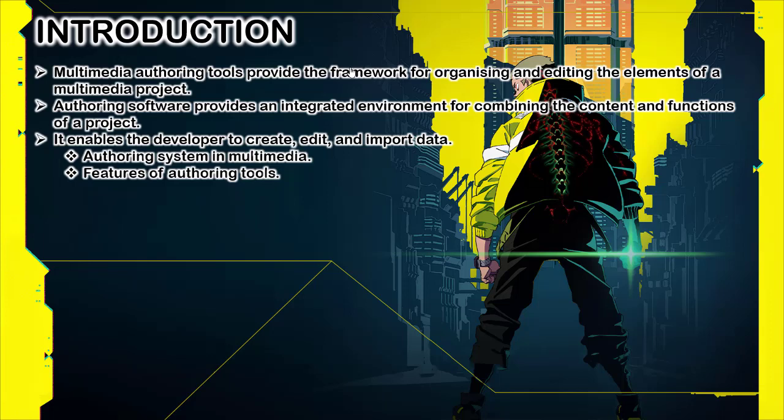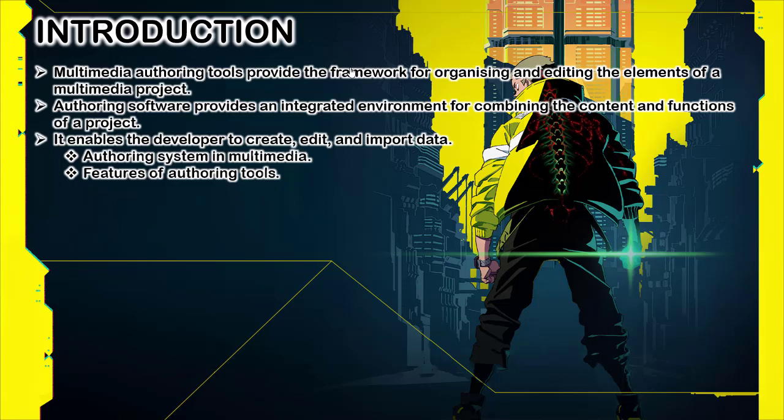Multimedia authoring tools provide the important framework you need for organizing and editing the elements of your multimedia project, including graphics, sounds, animations, and video clips. Authoring tools are used for designing interactivity and the user interface, for presenting your project on screen, and for assembling diverse multimedia elements into a single, cohesive product.